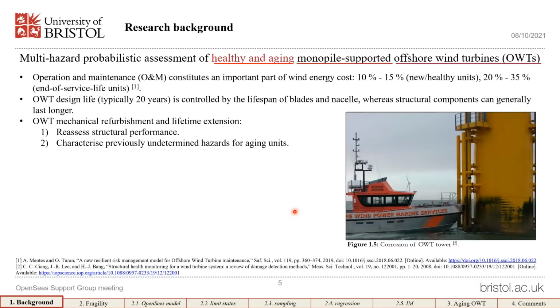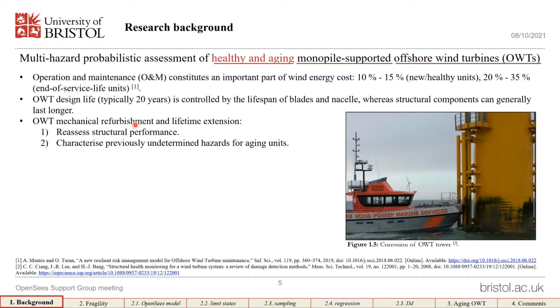The third keyword is healthy and aging. Given that operation and maintenance play a really important role in the overall cost of wind energy production, and that the supporting structure of a wind turbine is most likely to remain valuable even when approaching the end of the turbine's design life, it is now quite common for owners to consider both mechanical refurbishment and lifetime extension for their units.